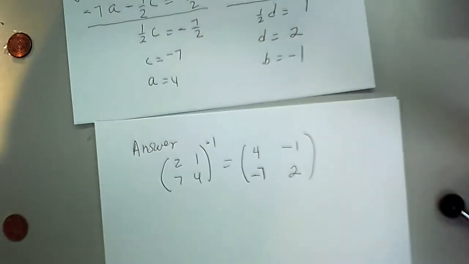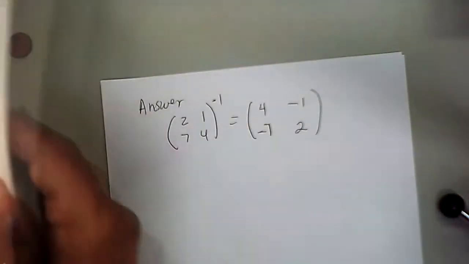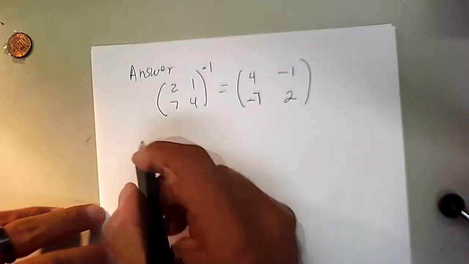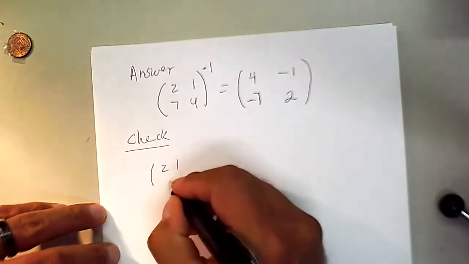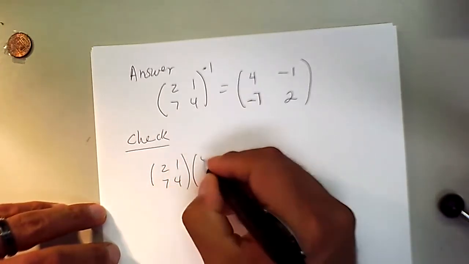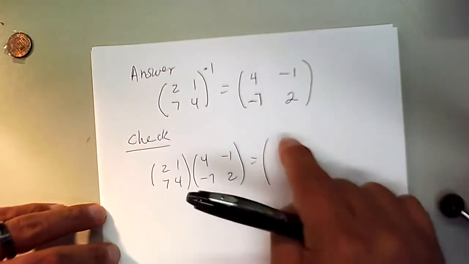Okay, let's see if that is true. We want to check. So 2, 1, 7, 4, 4, -1, -7, 2, because our goal is to get 1, 0, 0, 1.